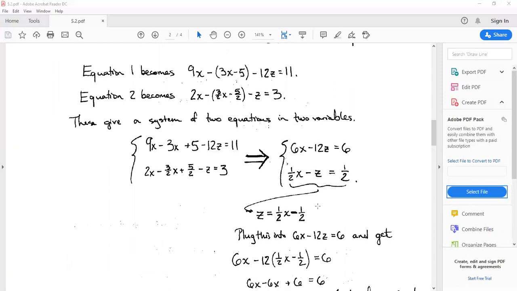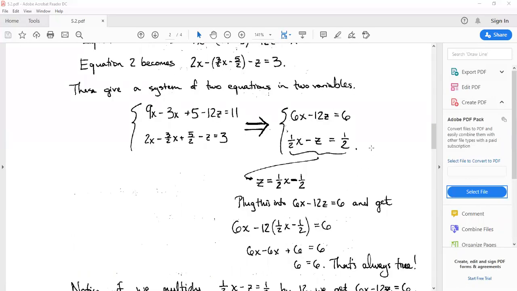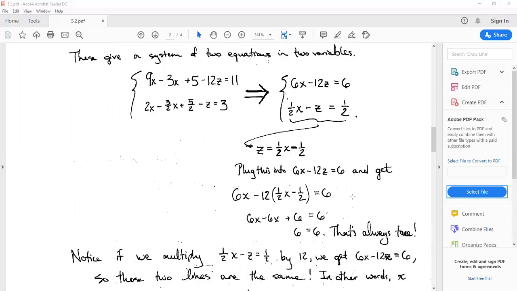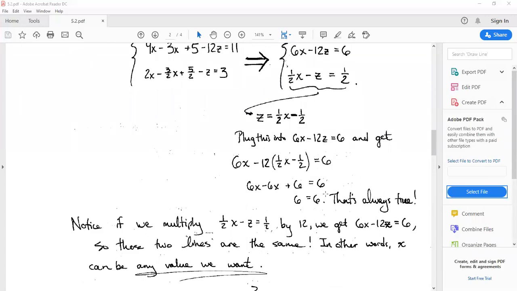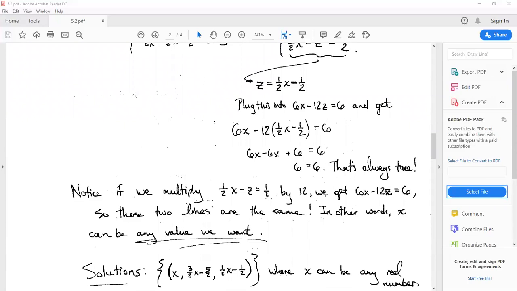And this was one of those types where it was really the same equation just repeated, looking a little bit different because we scaled it by some number on both sides. But really, these two equations are the same equation. They represent the same line. So we're going to have an instance here where we have an infinite number of solutions.